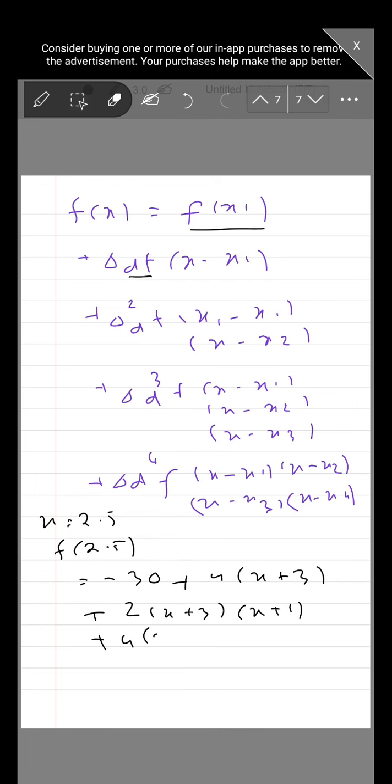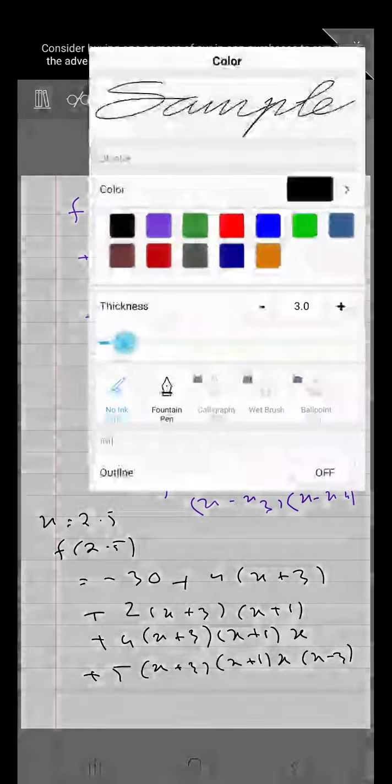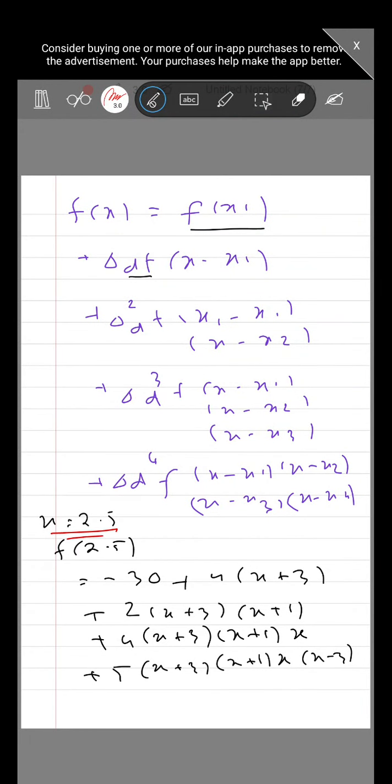So 4 (x plus 3)(x plus 1) x, plus 5 (x plus 3)(x plus 1) x (x minus 3), and putting the value of x, which is 2.5, we ultimately come up with the value 102.7. So this is the value.